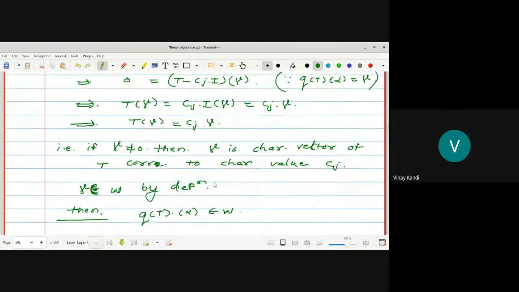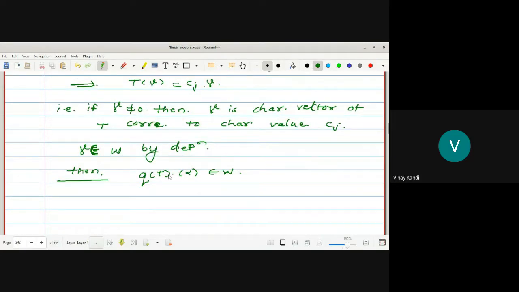Hence Q of T of alpha belongs to W. Give it as equation number 5. Now this Q of T of alpha belongs to W also.